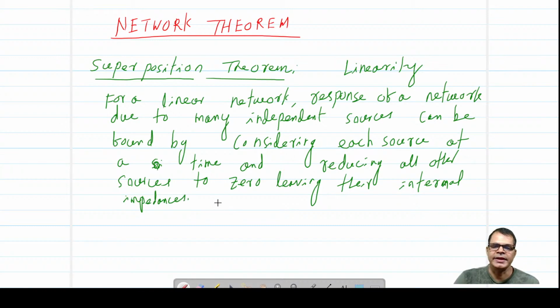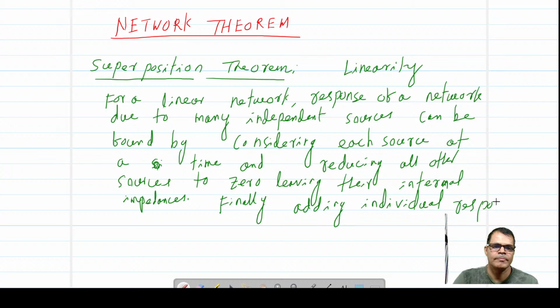And finally adding individual responses algebraically.